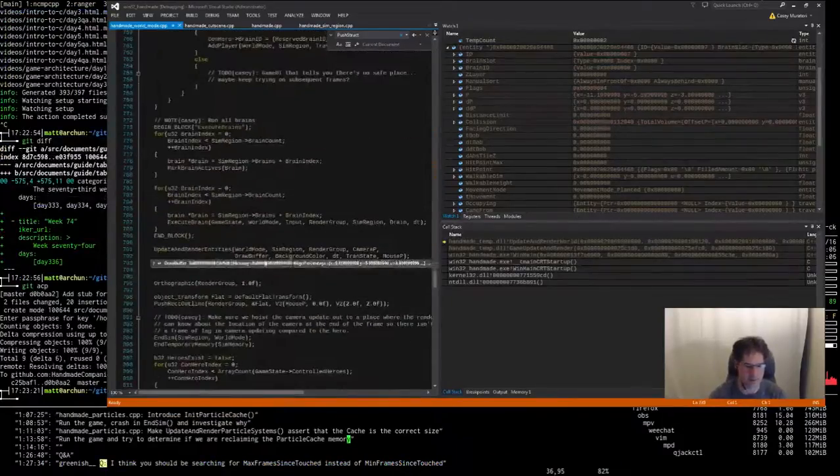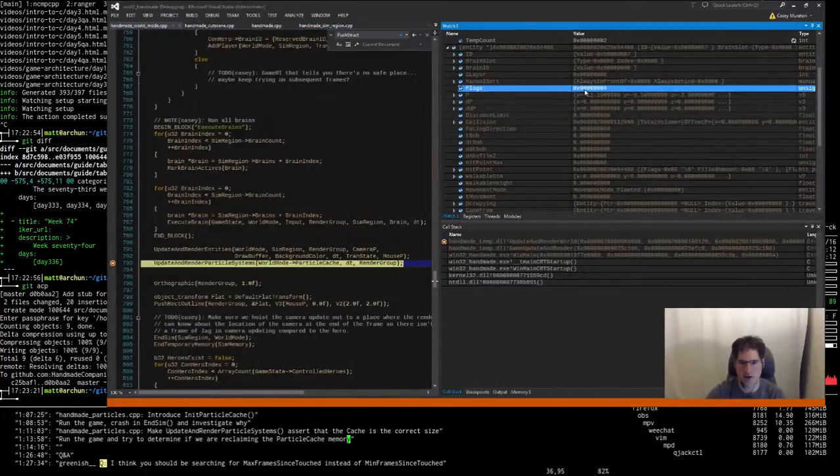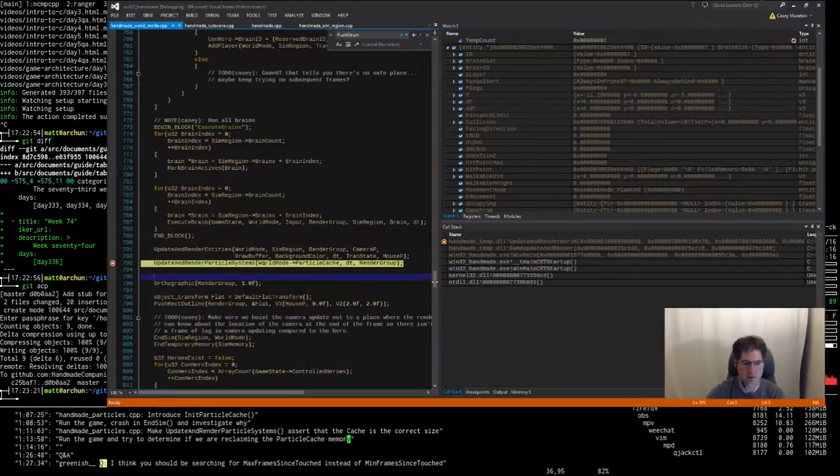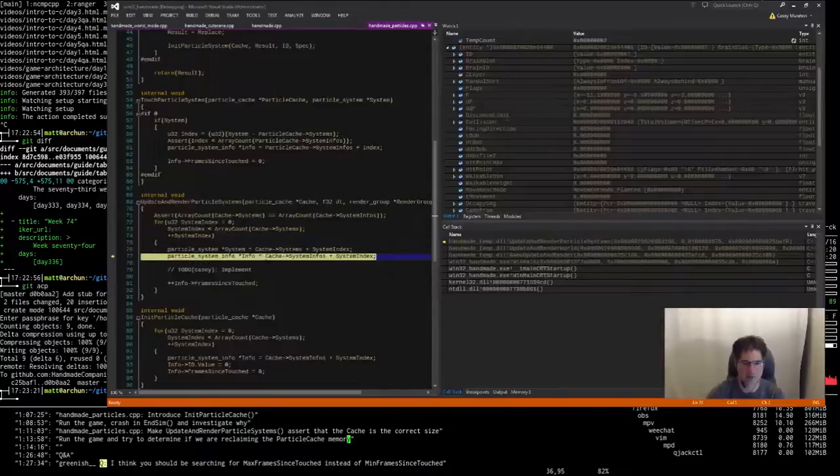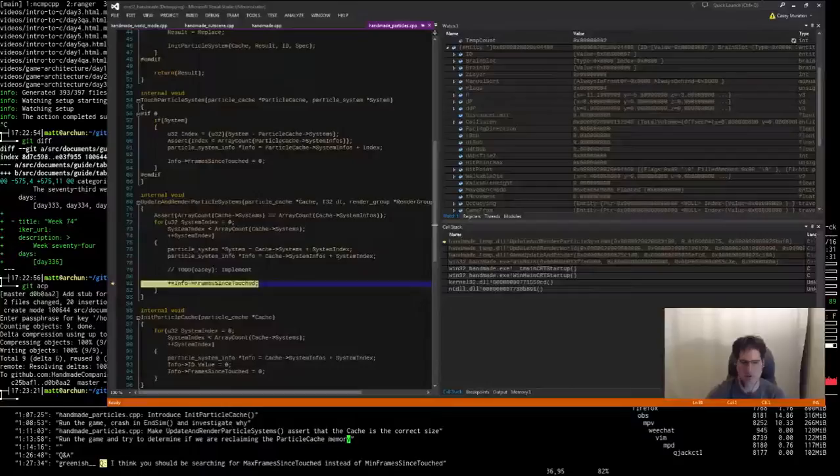So we come down here to, oops, update and render particle systems. I jump down. The flags are set to what? 4. Okay, let's see what happens. Nothing. It was entity 0, right? Guess I can double check.